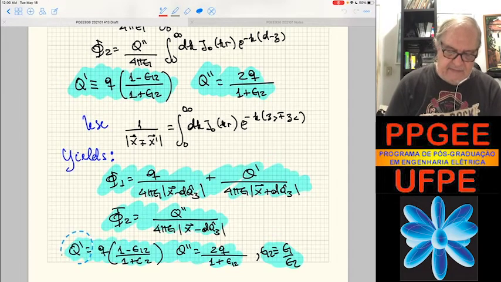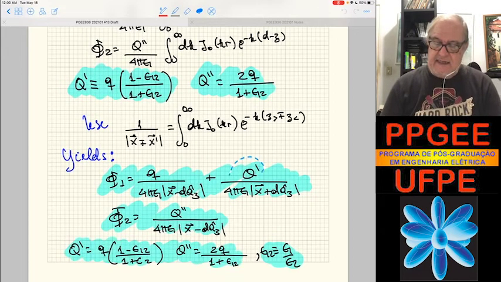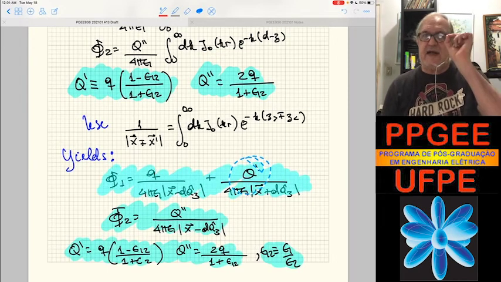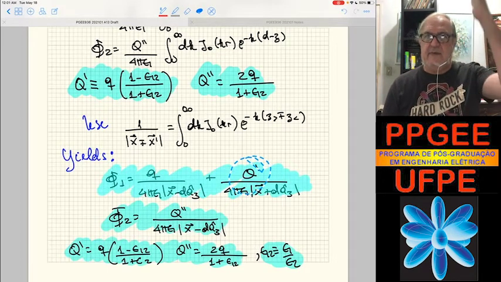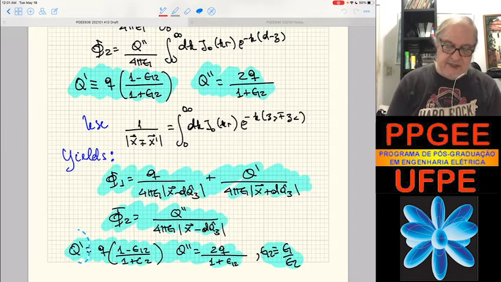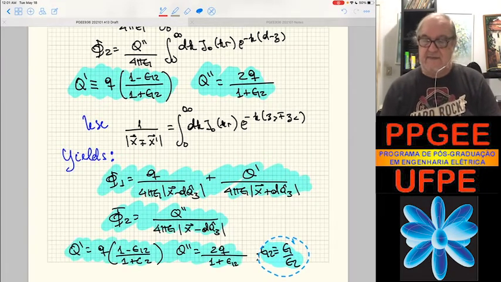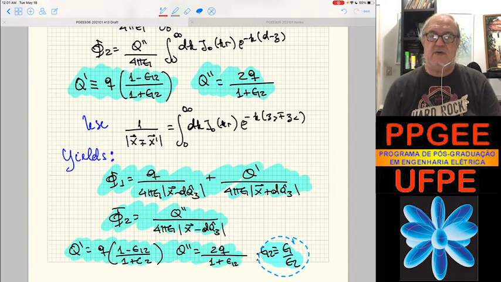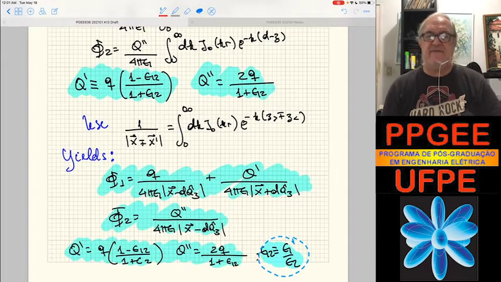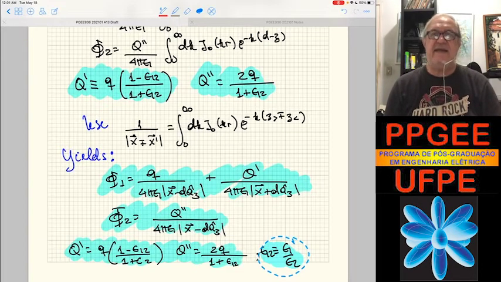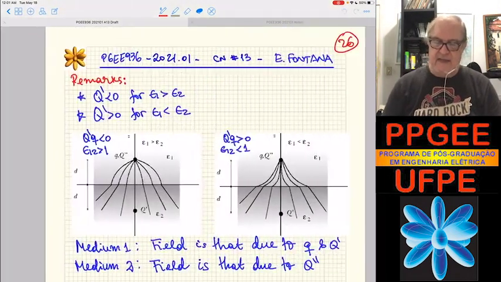But q prime, which is the image charge to solve the problem in the upper hemisphere, might change sign depending on the relative permittivity, right? So that helps us to draw the field lines, to have an idea of how the field lines look like.